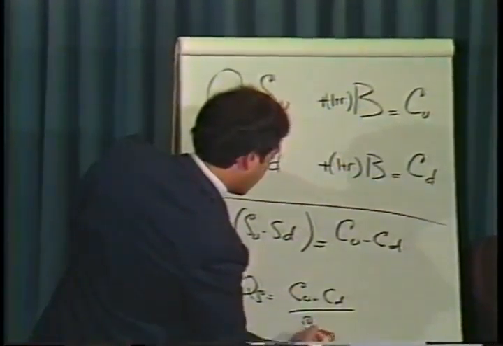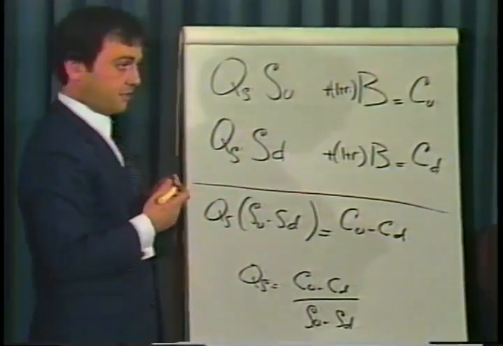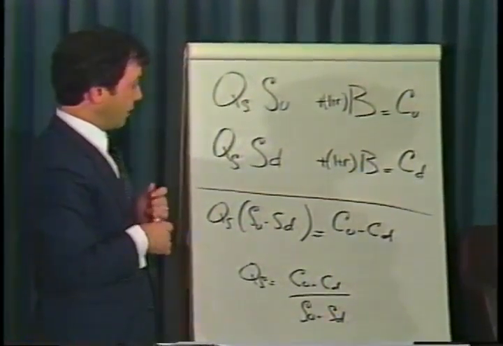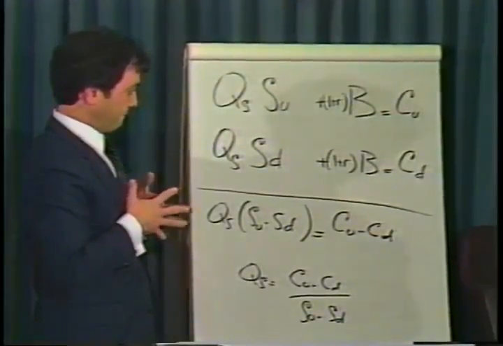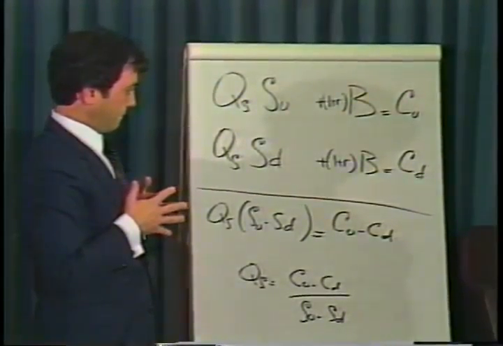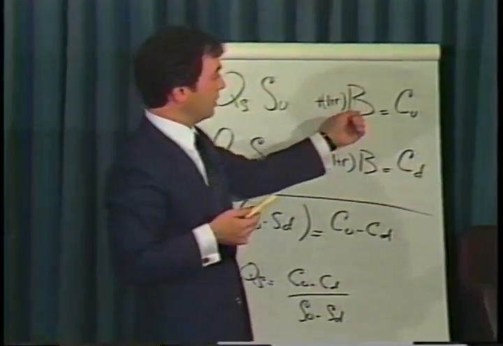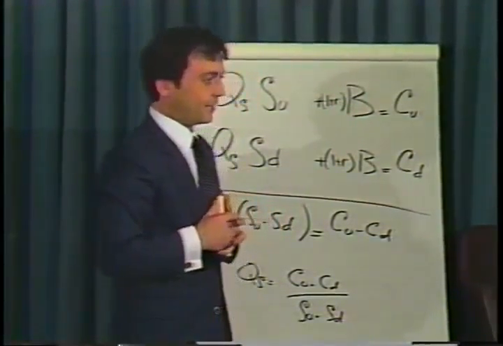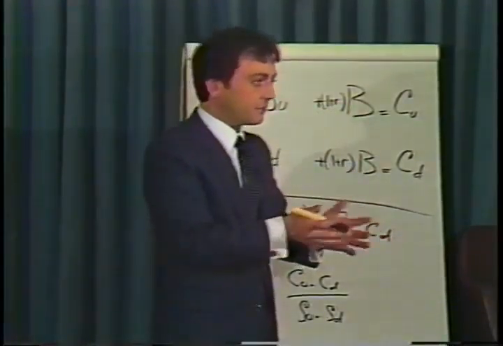So this says that, go ahead. In the top part, you're talking about the value of the portfolio? Right. So would that be quantity times stock minus the borrowing? Well, it turns out that B will be a negative number. Okay, B's negative. When you solve for B, it will be negative.